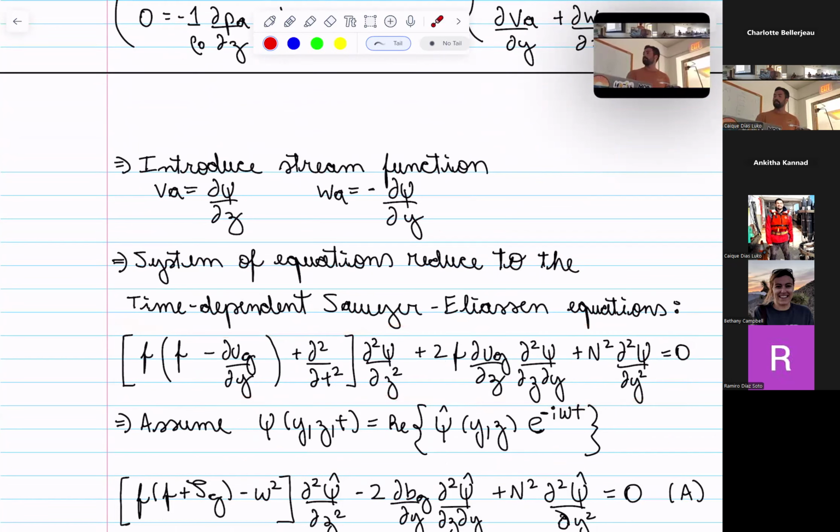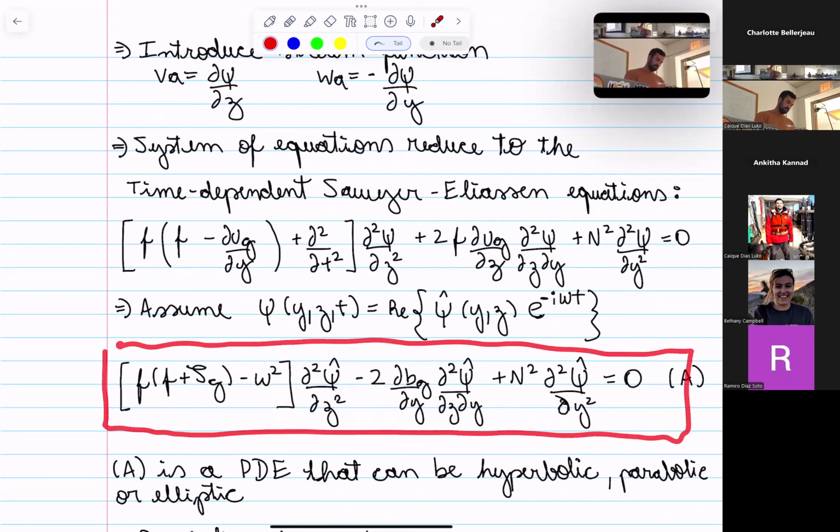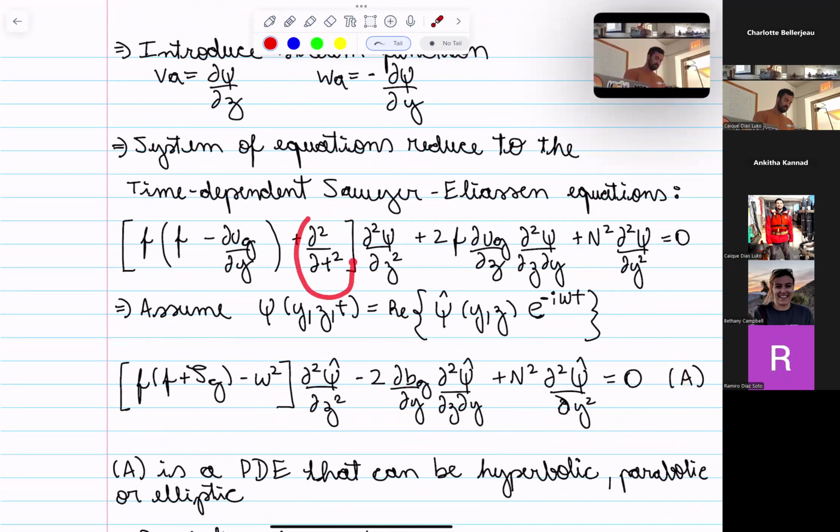And if we assume that our stream function depends just on a function of y and z times a harmonic in time, we plug this back into the equation and we find this PDE here. You can note that the second derivative in time turns into omega squared, our frequency.